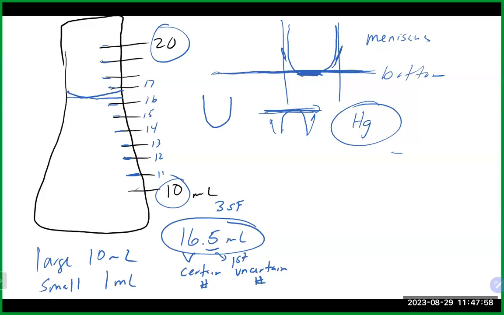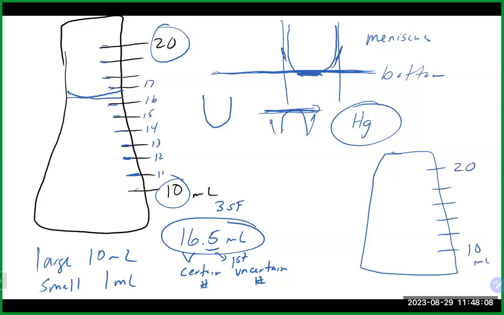So let's say we had something like this, and we'll throw the meniscus right about there. Once again, if we look at our large distribution here, our large marking is 10 milliliters.